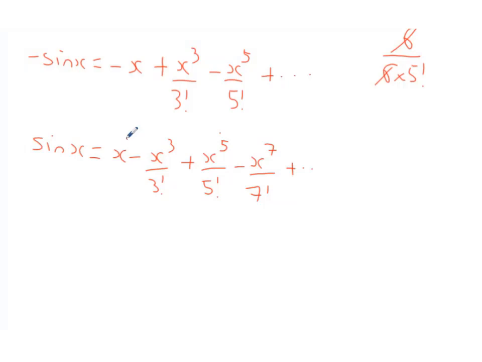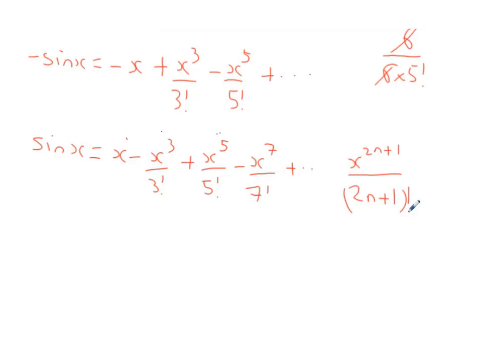So 2 times 0 would still be 0, then add 1, that would get 1. If n was 1, 2 times 1 plus 1 would be 3. If n was 2, 2 times 2 plus 1 would be 5, and so on. So you could say it's going to be x to the power 2n plus 1 if you start from 0, over, the factorials are the same as the powers anyway, so 2n plus 1 factorial.